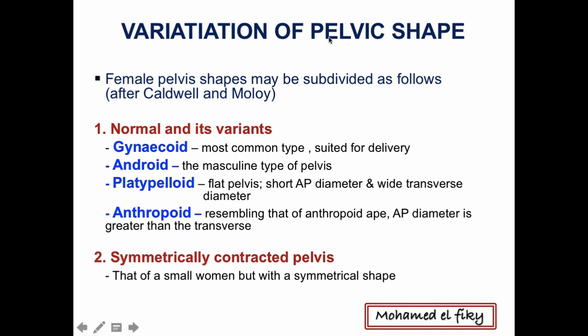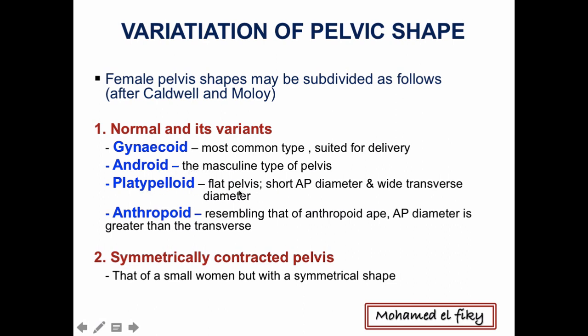Variation of the pelvic shape. Female pelvis, normal variation, four types. Gynecoid pelvis in the female is typical in all characters. Android is like the male pelvis.